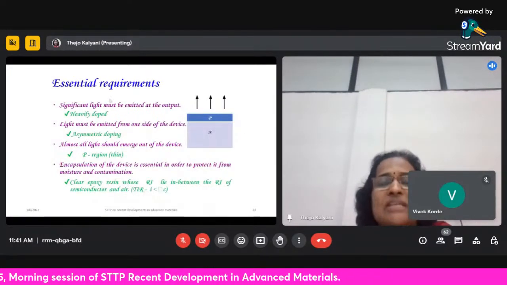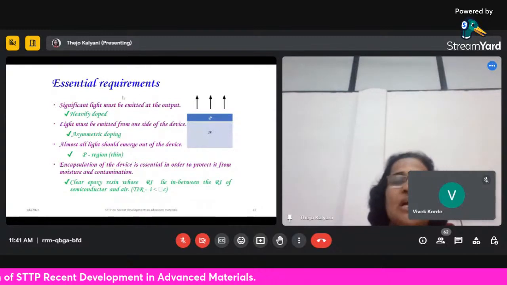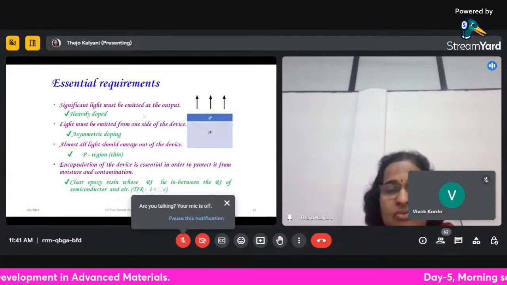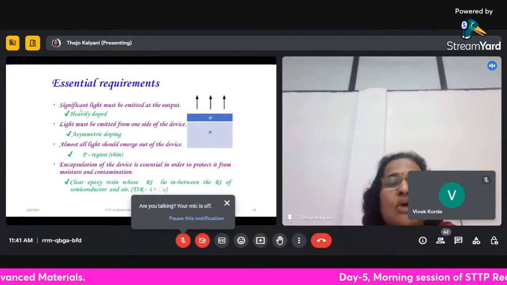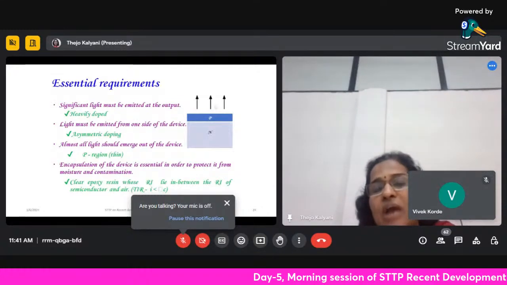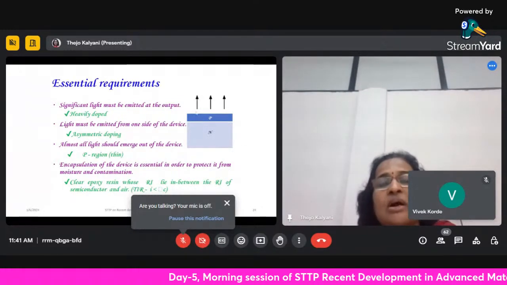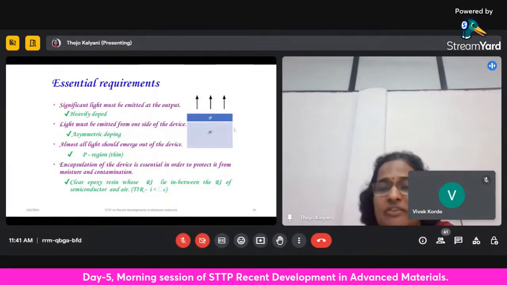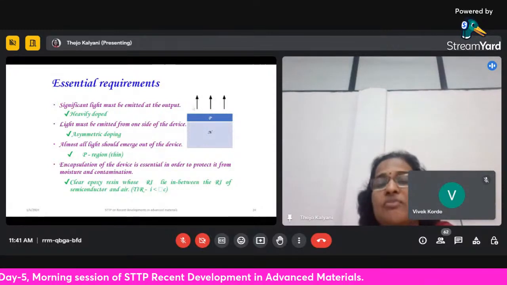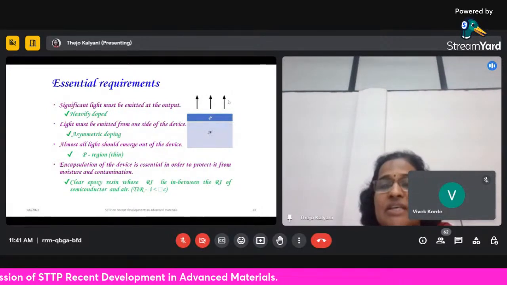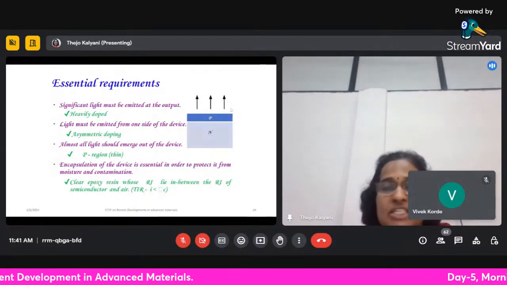So now there are certain requirements for an LED to function effectively. So first, our interest is that much light must be emitted out of the device, right? So if more light is to be emitted out of the device, what is required? More recombinations are required.